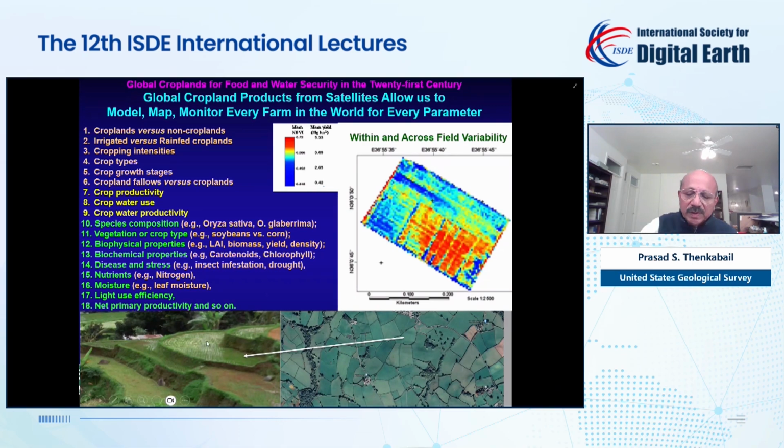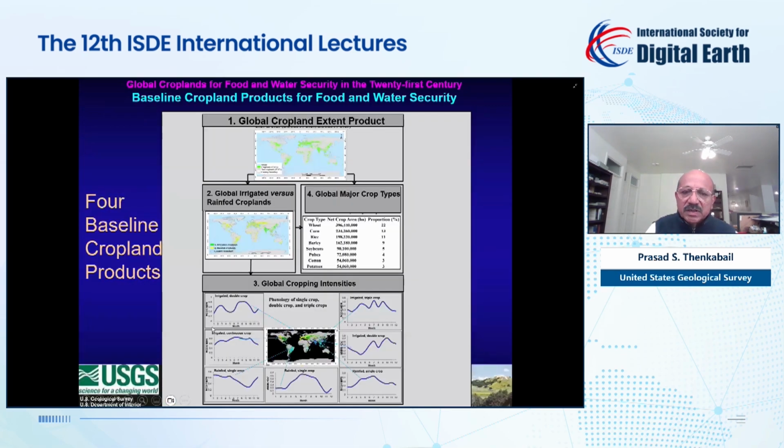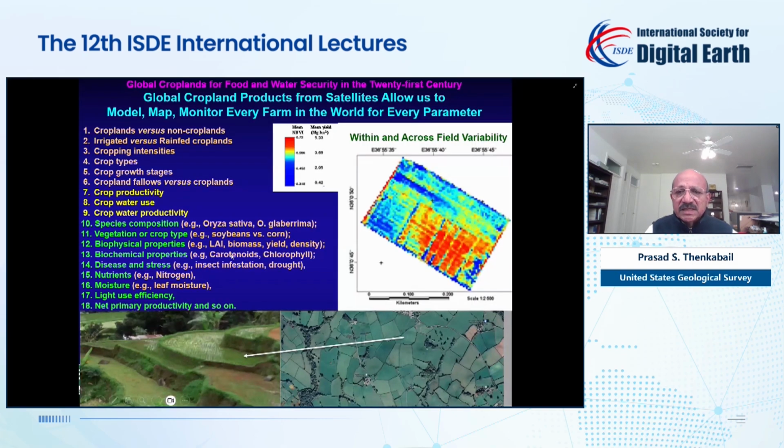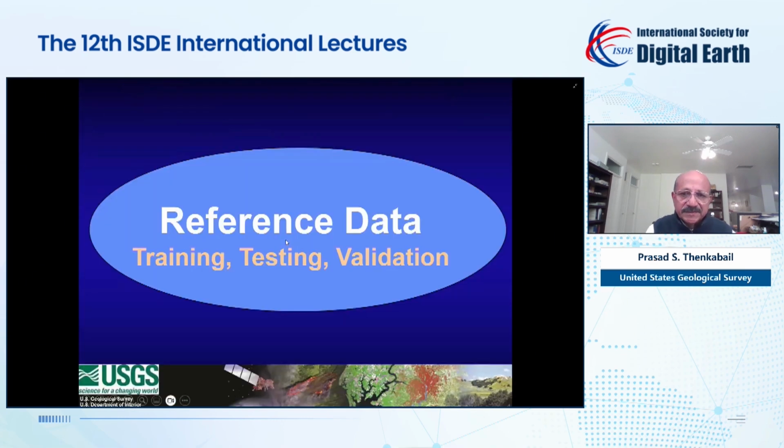But unless you have these primary products which are very accurate, you cannot really have these secondary datasets mapped in great detail and with great accuracy.